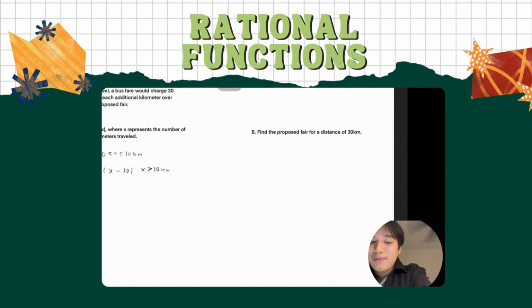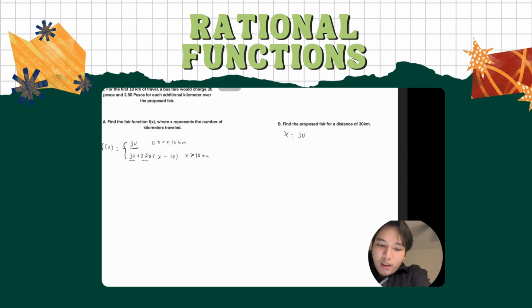Now, find the proposed fare for 30 km. So what represents km again? It's x. So x is 30. We know that it's over 10 km. So from the functions we made, what would we use?